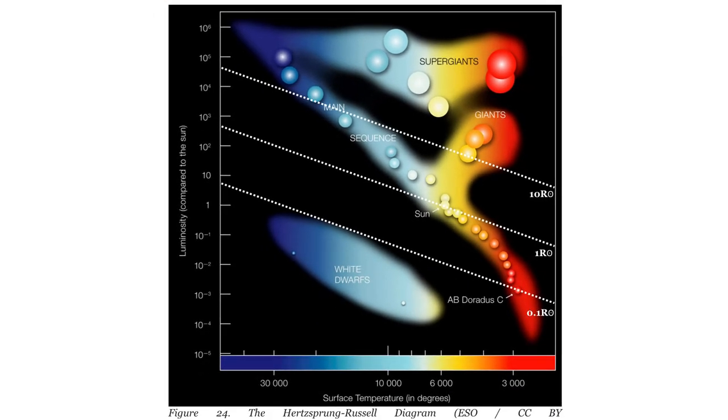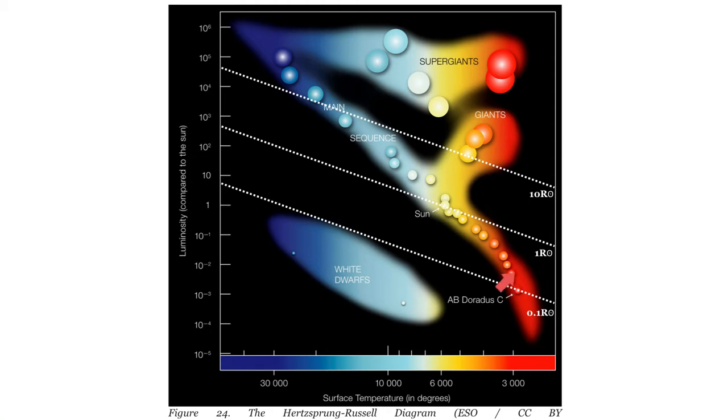The luminosity compared to the sun is obviously 1, because we're comparing the sun's luminosity to itself. If we go down, we see that we're around about 6,000 Kelvin there, probably around about 5,800 Kelvin for the surface of the sun, which we know is the case.